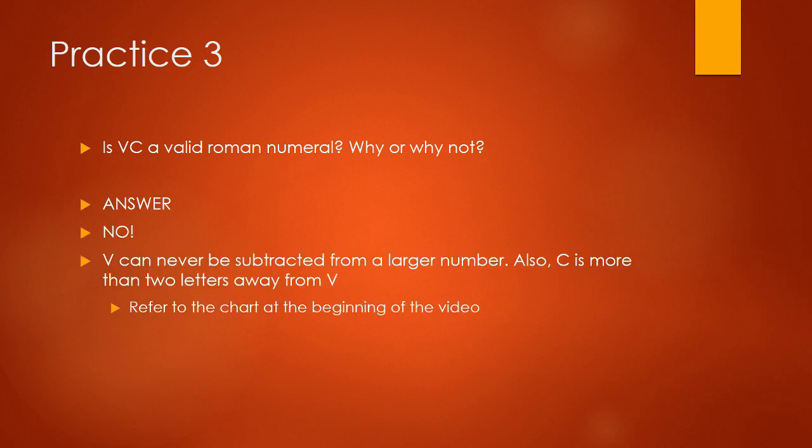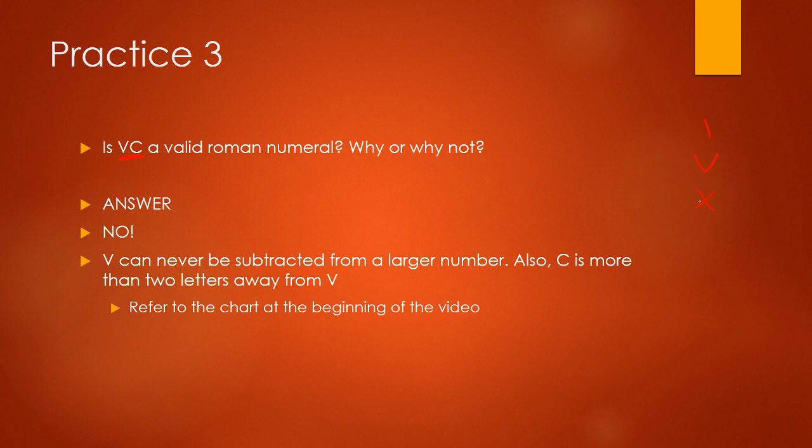The answer is no. Like I said before, C is more than 2 letters greater than V. So V can never be subtracted from a larger number. Refer to the chart at the beginning of the video. If you remember, I is the smallest, that represents 1. V represents 5.